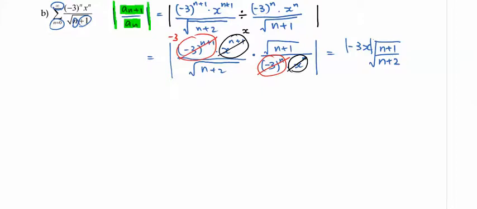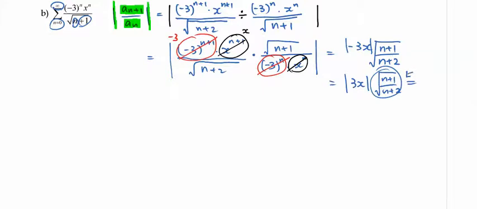And when you take the absolute value of negative 3x, you are just dealing with 3x and the square root of n plus 1, n plus 2. So the limit of this, using L'Hopital's rule, this becomes a 1.